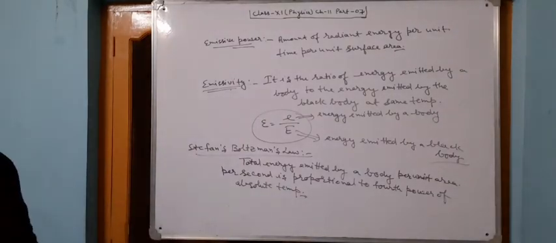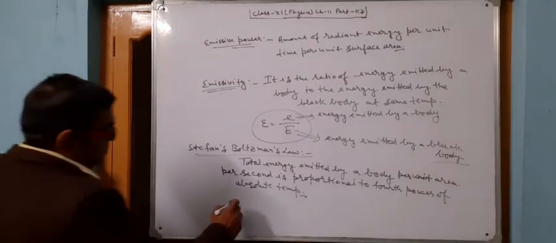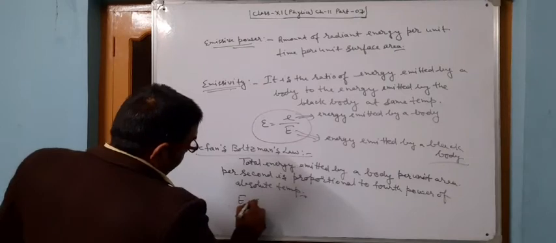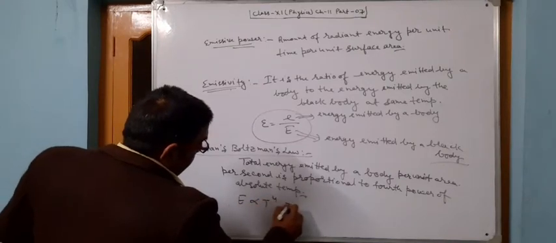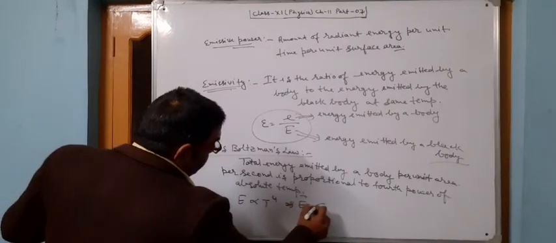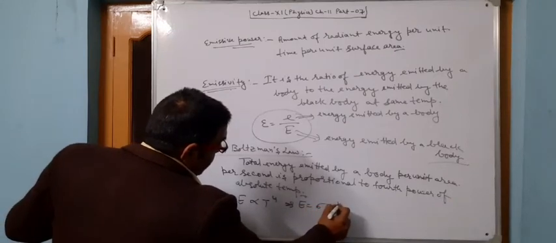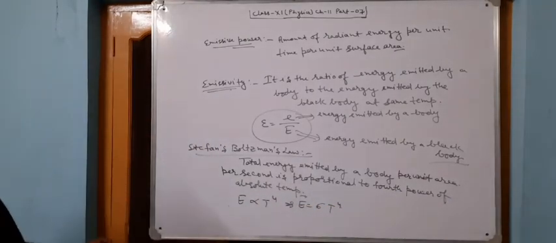So total energy E is given as E is equal to sigma T to the power 4. Clear? And sigma is called as universal constant, Stefan-Boltzmann constant.